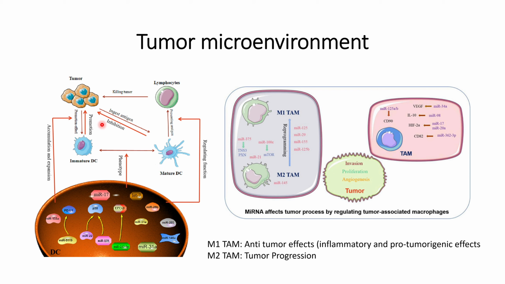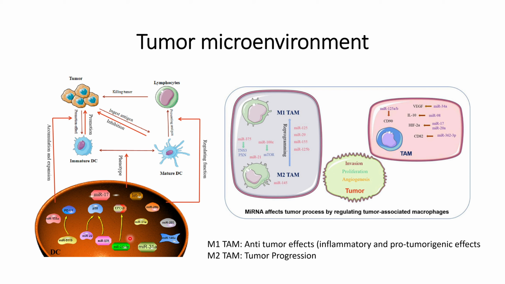So it will not only engulf this tumor antigen nearby, but the mature dendritic cells will also present the antigen to the lymphocytes, or the immune system of the body, and this lymphocyte will get activated with the help of mature dendritic cells. Then it will produce more lymphocytes against the antigen that has been presented by mature dendritic cells, and eventually leads to killing of these tumor cells.